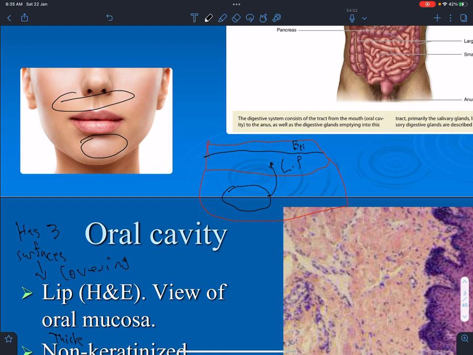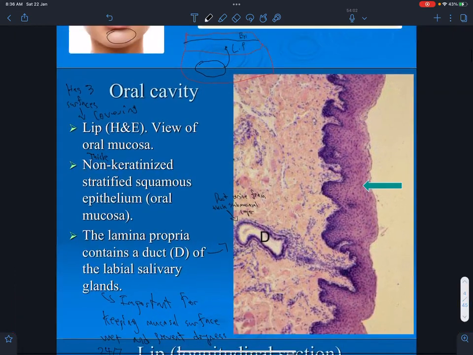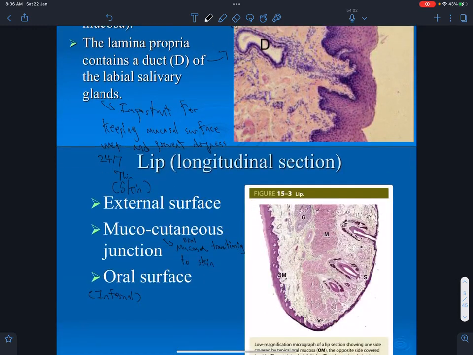So we have the mucocutaneous region, which is the region in which there's a transition between the skin and the one that we're going to look into afterwards, the oral mucosa, your internal surface. We have to look at it from the inside, like in this picture right here. So your lip overall has 3 surfaces, as we said: the external surface, which is your skin, the mucocutaneous junction, and the oral surface.